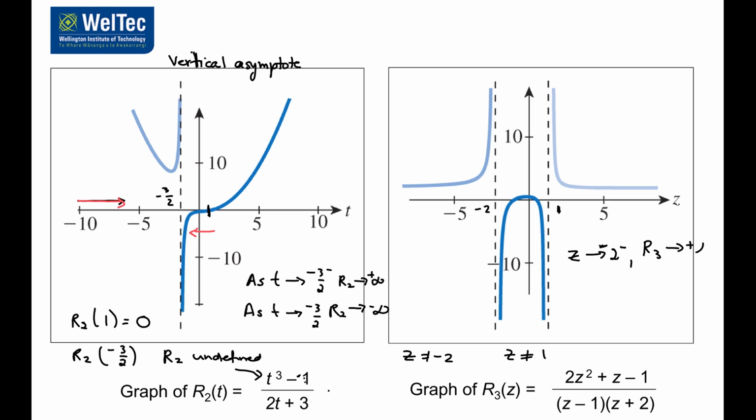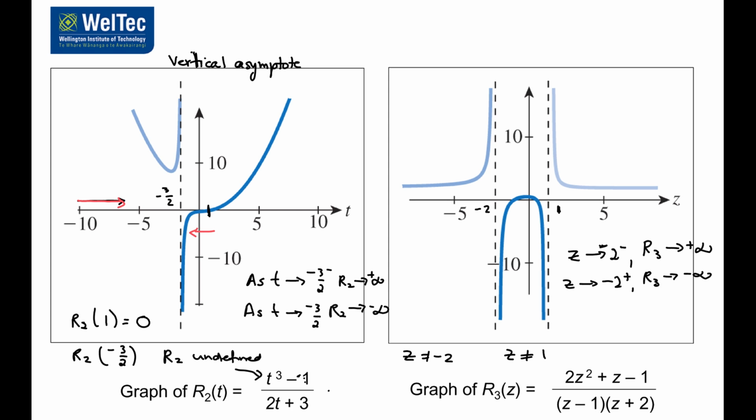I know we can look at the graph, but just pretend we haven't got the graph there. As z is approaching negative 2 from above, that means we're coming in from the right, and we just put some numbers in. We look at numbers a little bit above negative 2. We'd see that R3 is going to go towards negative infinity.